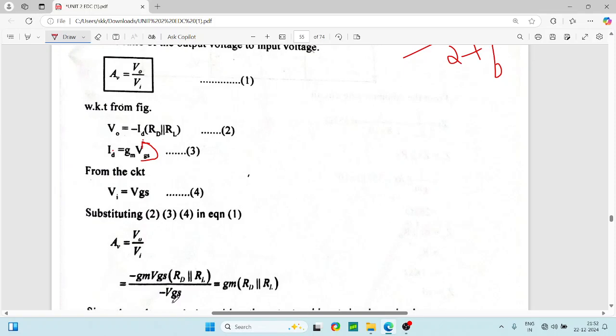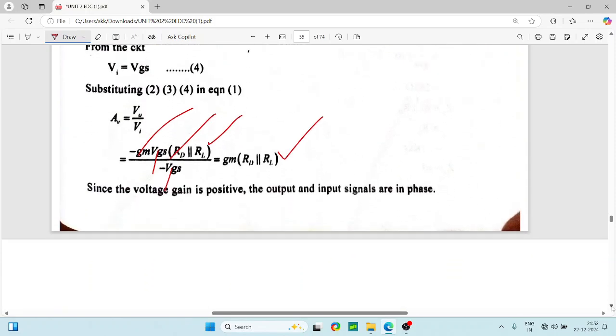Then what is your VA? VA is equal to VGS. So the VGS and VGS get cancelled. This is your GM, this is your RD, this is your RL. So the gain is GM into RD parallel RL. So the entire thing will be over. Since the voltage gain is positive, anyway.